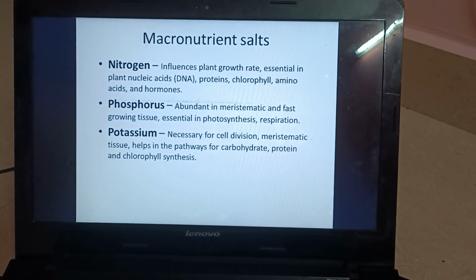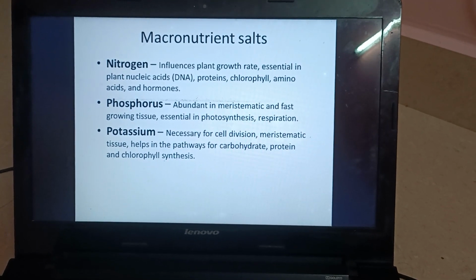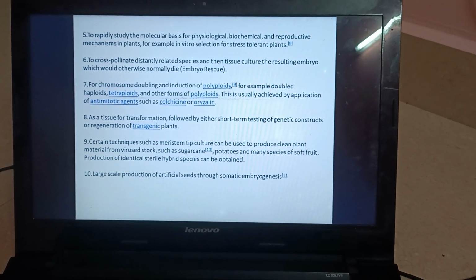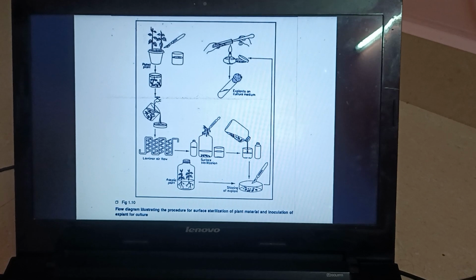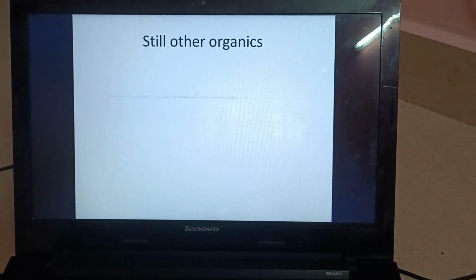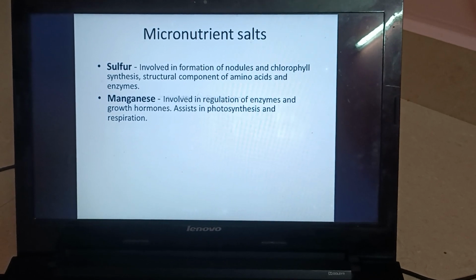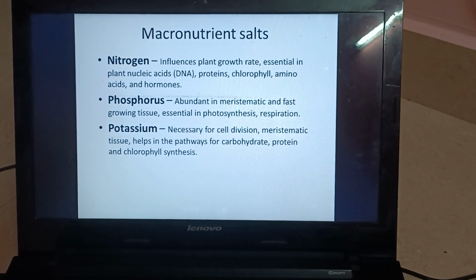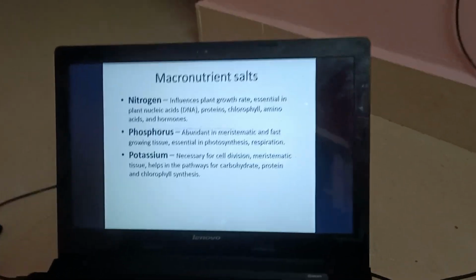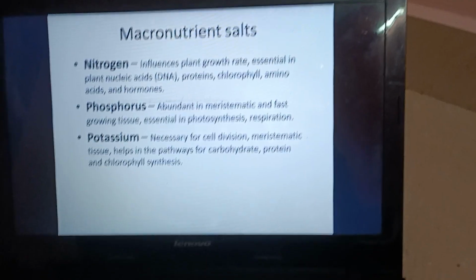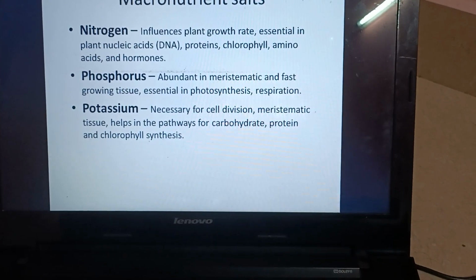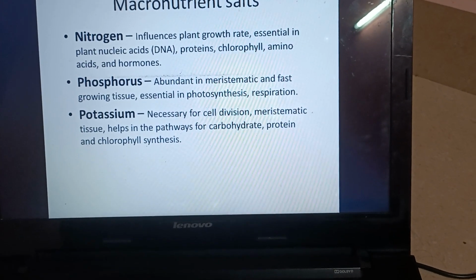Nitrogen influences the plant growth rate and is essential for nucleic acids, proteins, chlorophyll, amino acids, and hormones.